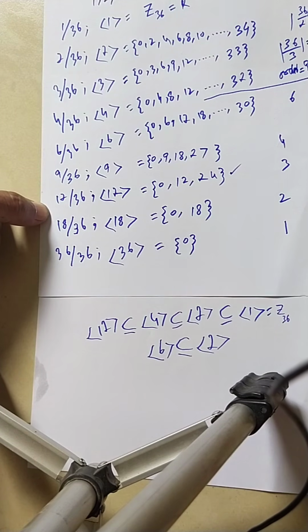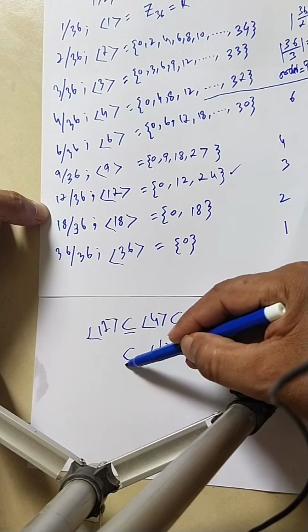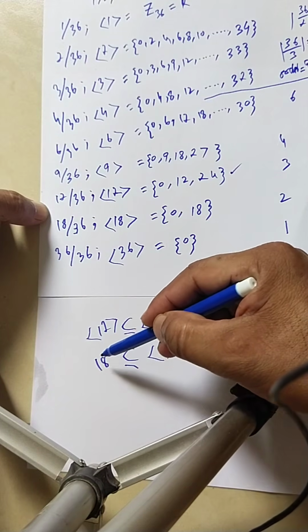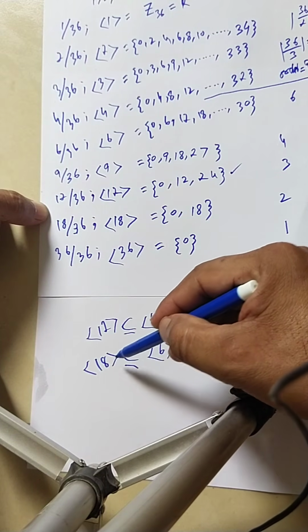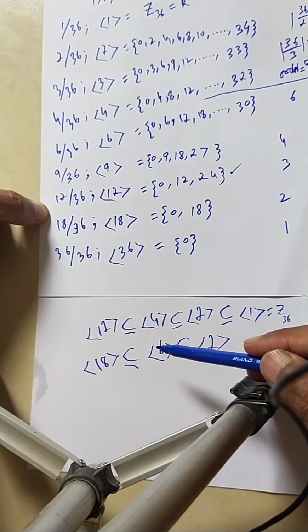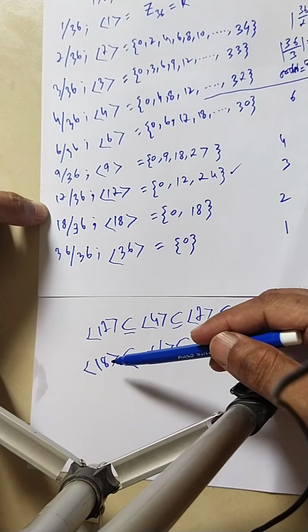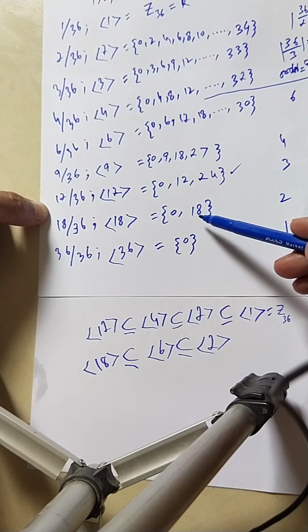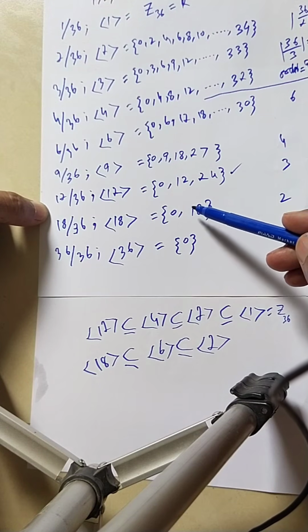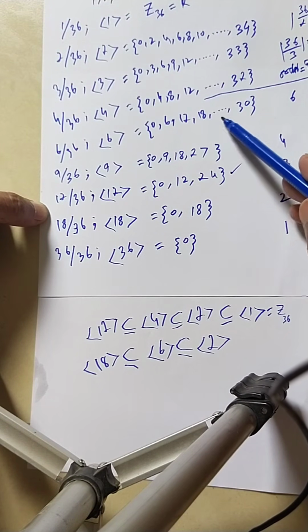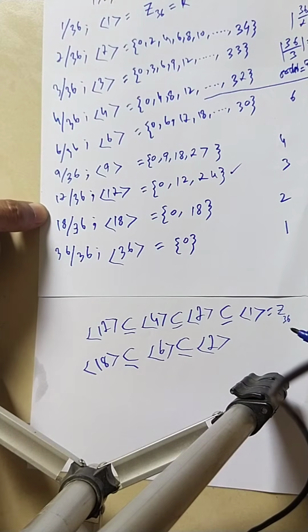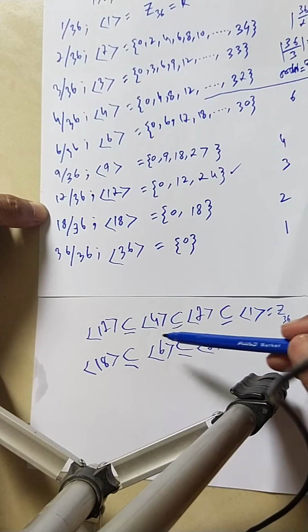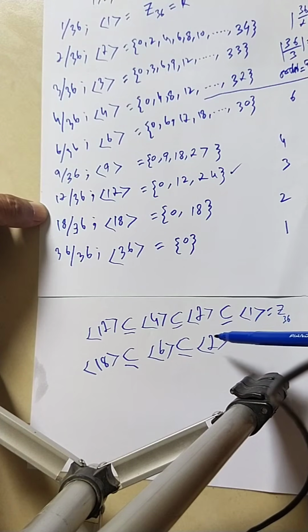And it also contains the ideal generated by 18. 0 and 18, these two elements are contained in the ideal generated by 6 and the ideal generated by 2. Please note that in these series, 2 is the maximal ideal.